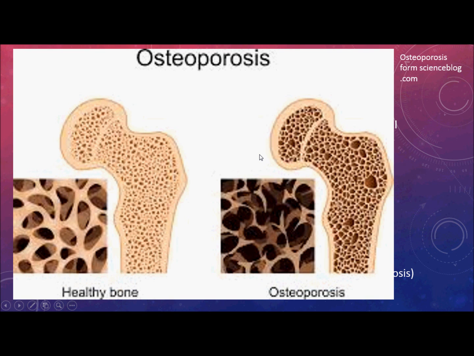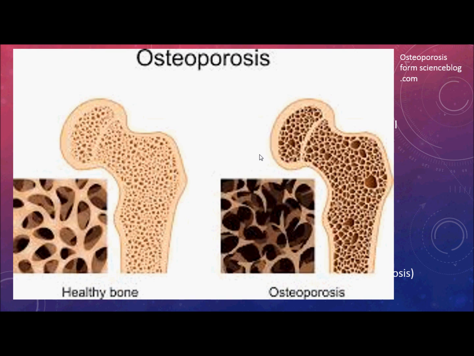Now here's what osteoporosis looks like. Osteoclasts and osteoblasts are two antagonistic cells. The osteoclast degrades the bone, and the osteoblast reforms the bone again. It's kind of a cycle.